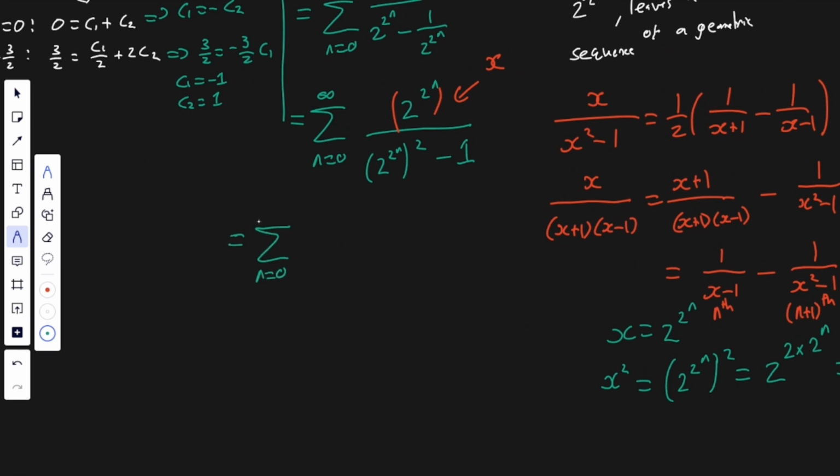So we've got a sum from n equals 0 to infinity of 1 over 2 to the 2n minus 1 minus 1 over 2 to the 2n plus 1 minus 1.